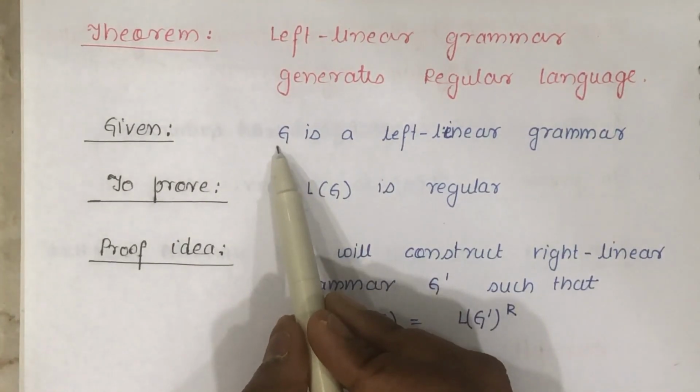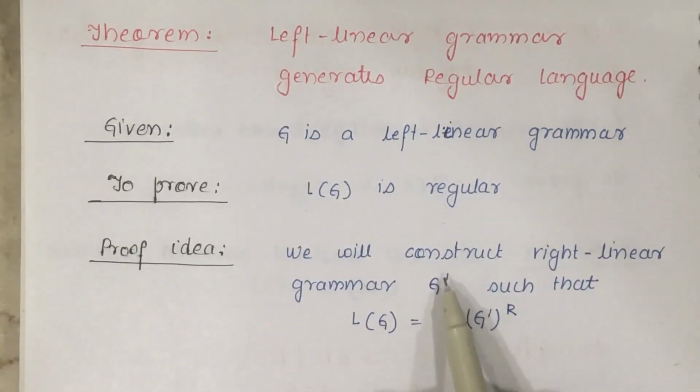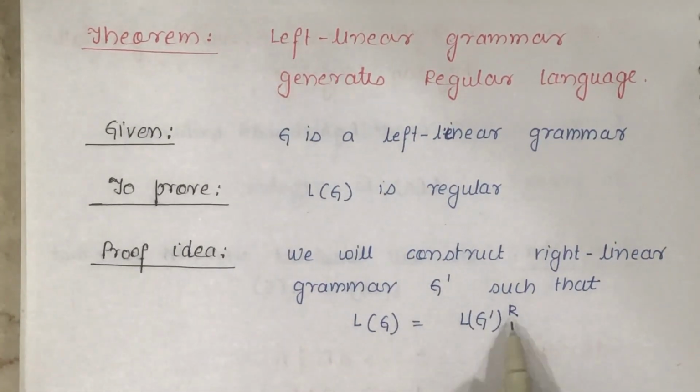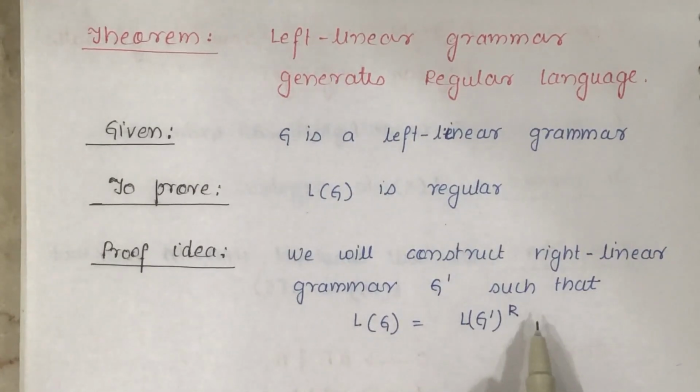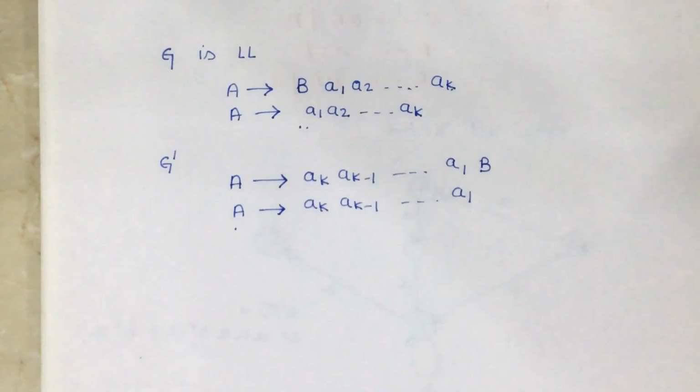Left linear grammar is G, and we will produce a right linear grammar, let it be G prime, such that L(G) is equal to L(G prime) whole reverse. We'll do the reversal of the language obtained by this right linear grammar, and then we'll find that both are equal.